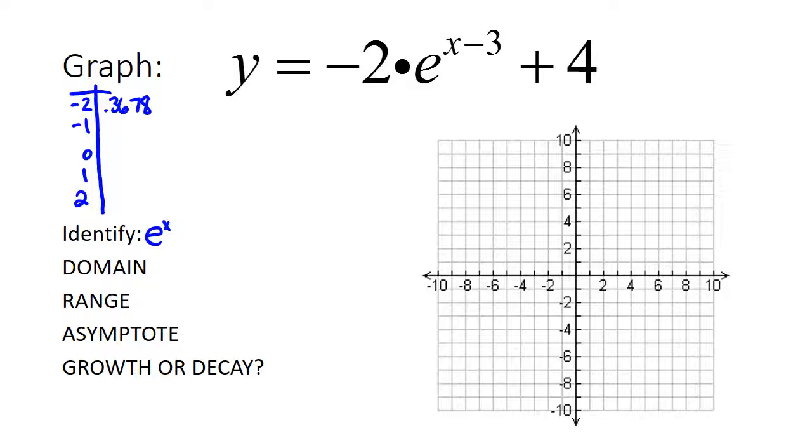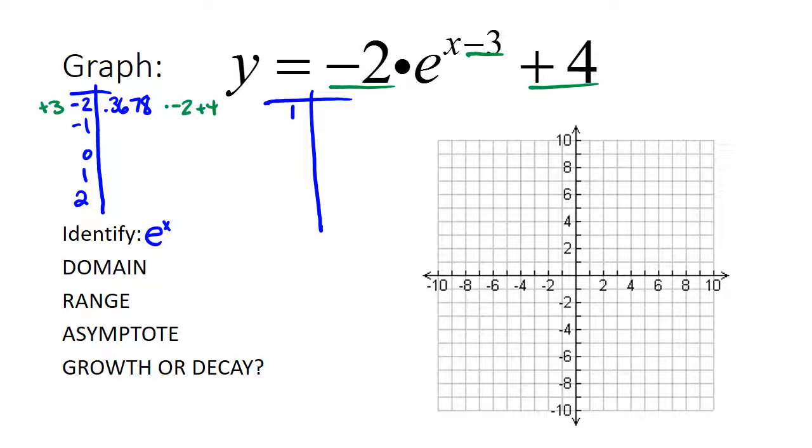My transformations, I've got a times -2, I've got a plus 3 to the x's, and a plus 4 to the y's. I'm just going to do one value at a time. That way, I can just leave that decimal in my calculator to get the most accurate answer. So keep that value, e to the -2.